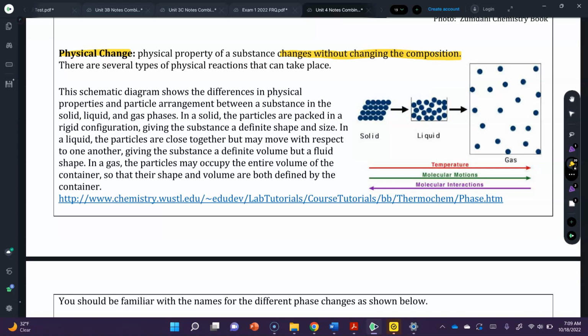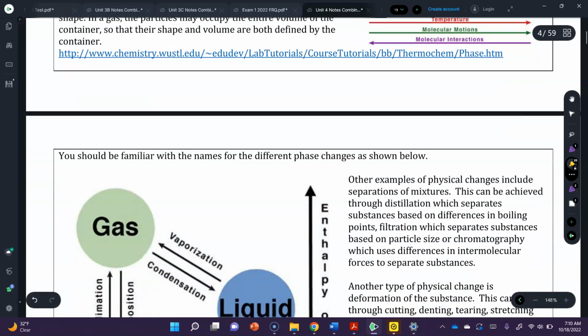And then as you further decrease the intermolecular forces and move to a gas phase, they do not interact at all, and so they have indefinite volume and indefinite shape as they fill to take the entire space of the container they are in.